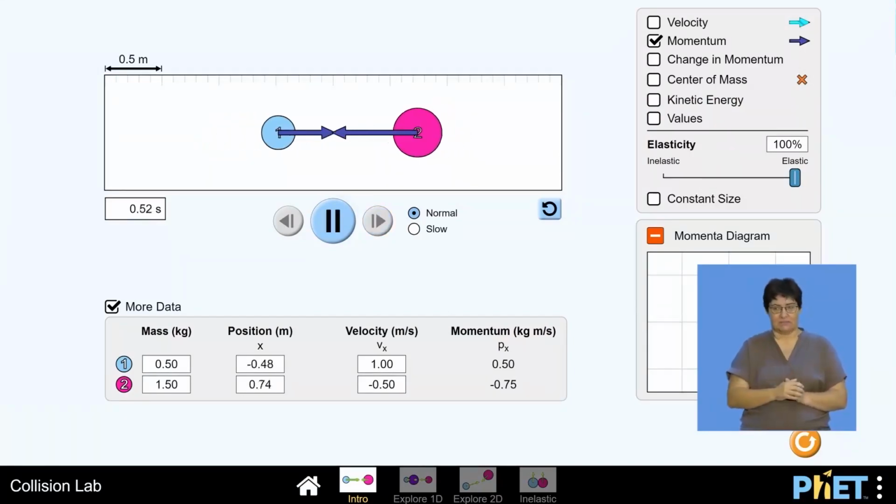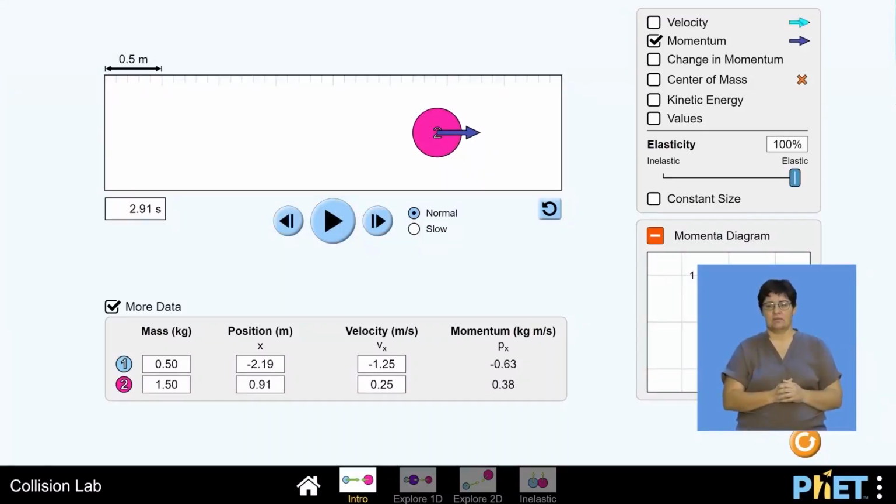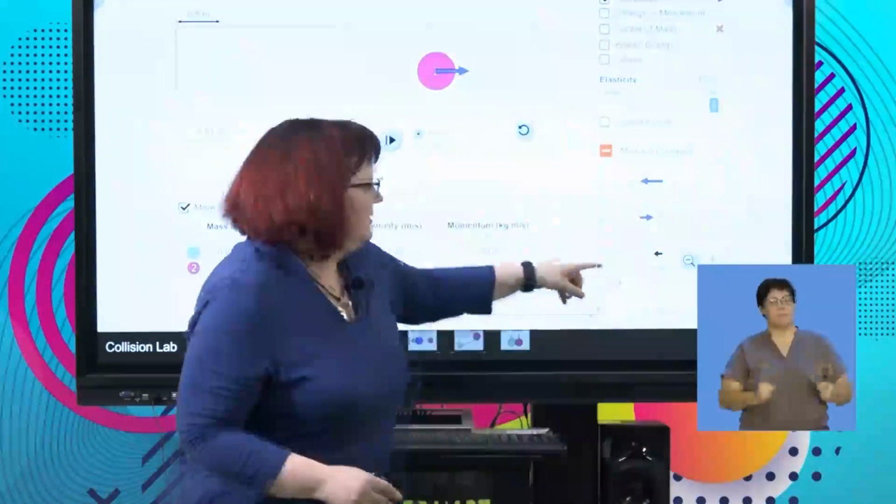I'm going to let them collide again. Oops, there we go, before it disappears. I'm okay that they've changed. Now if I add my two momentums together, so I'm going to go 0.38 minus 0.63, and you know what? It's minus 0.25. The total's still minus 0.25. That little momentum vector for the total didn't change.